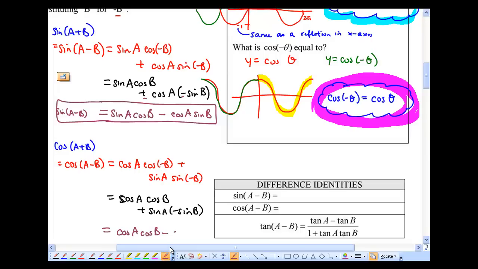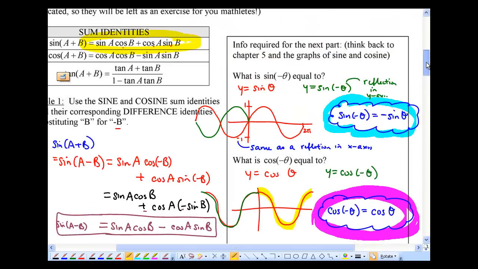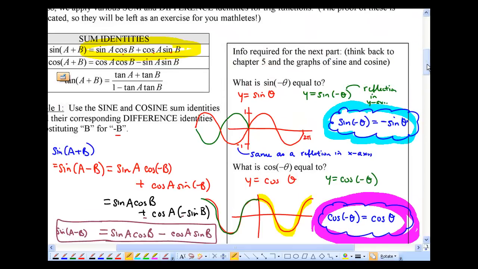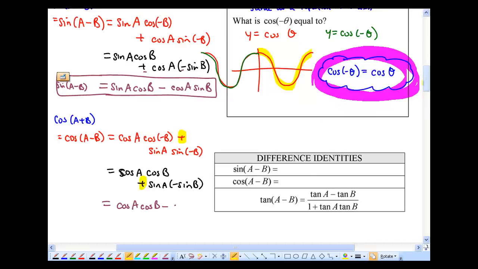I think I made a mistake, didn't I? Where's my mistake, everybody? Oh, yes. This plus was not actually plus. What was it? Let's go back. Oh yeah, it's minus. Oopsies. Let's erase.